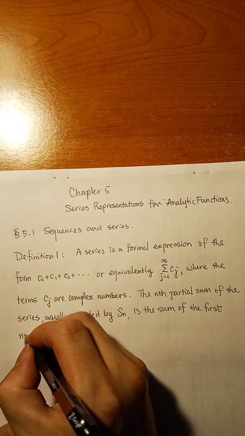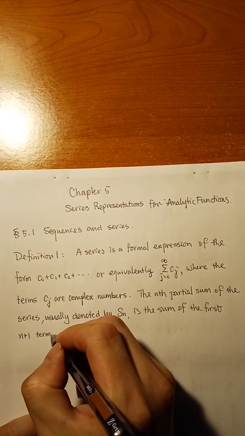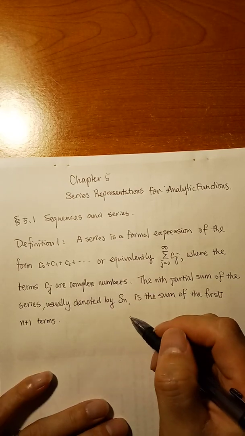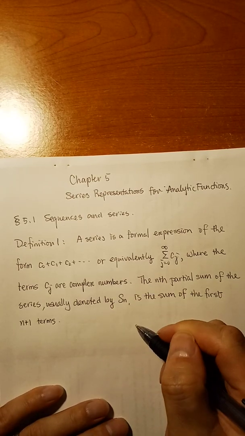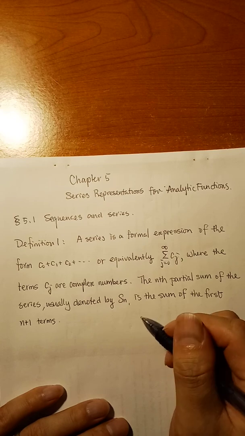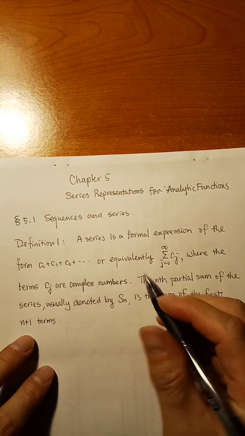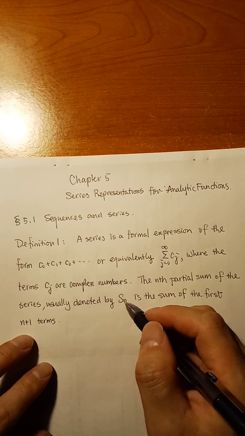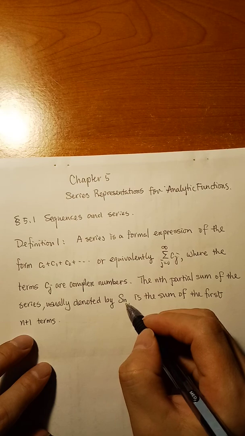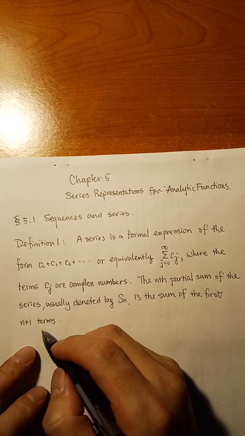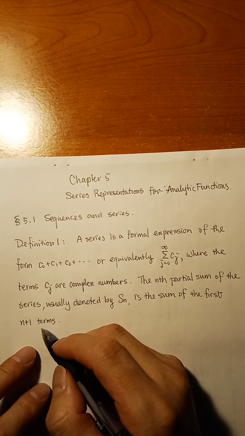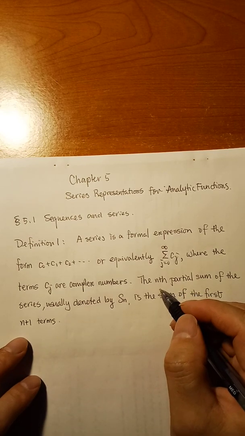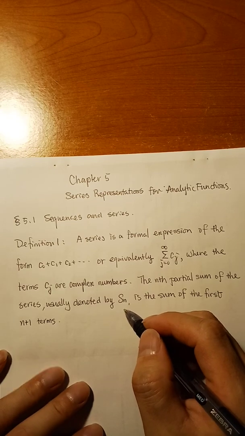You see here, this is an interesting shift. Again, we are going to apply our theory to the Taylor series, the series representation of analytic functions. So here, this n actually means we cut the Taylor series up to degree n. Degree n plus the constant term has n plus 1 terms. So the nth partial sum has n plus 1 terms. That's a small difference.